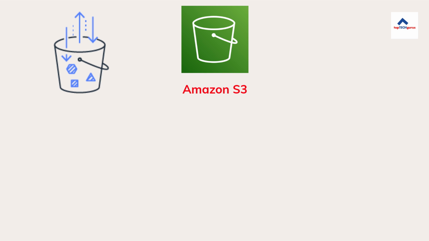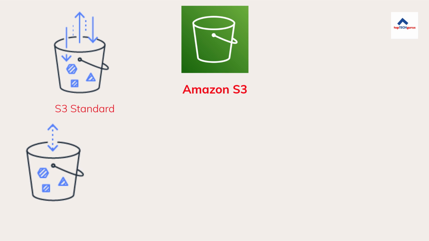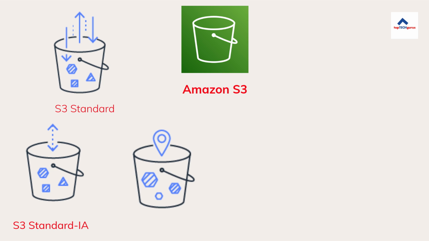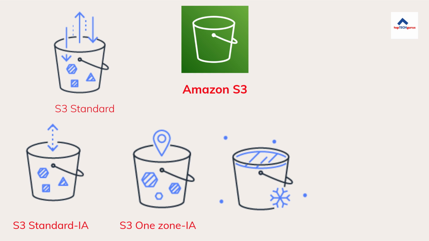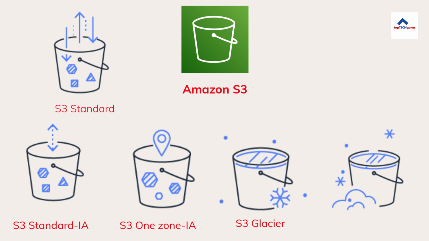Amazon S3 provides different storage classes. For data which is frequently accessed, S3 Standard is suitable. For data which is infrequently accessed, you can use S3 Standard-IA or S3 One Zone-IA. Archival data can be stored at low cost in S3 Glacier and S3 Glacier Deep Archive.